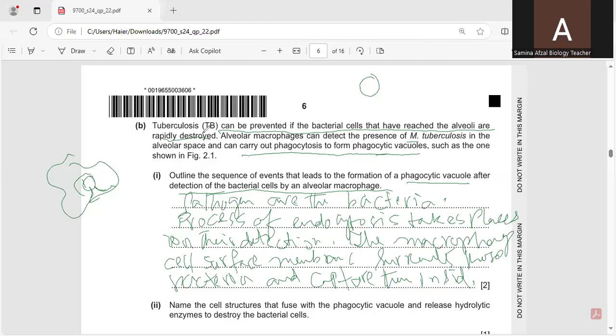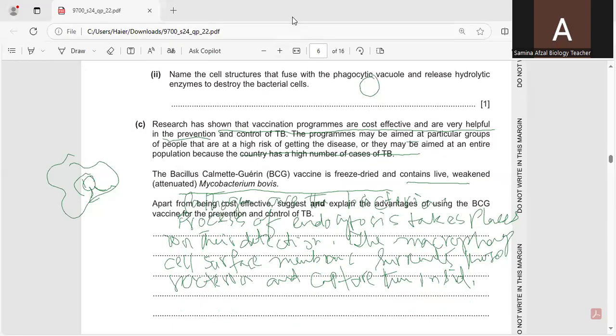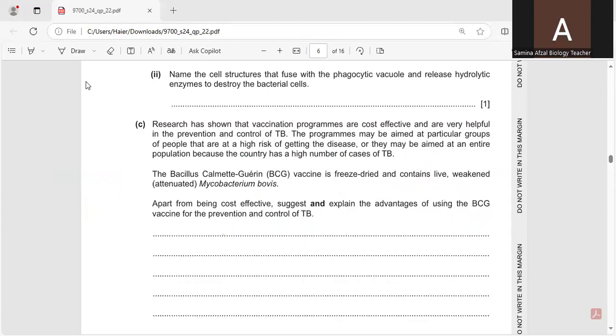Now we are moving towards the next question. Name the cell structure that fuses with the phagocytic vacuole and releases hydrolytic enzymes to destroy the bacterial cell. When the bacteria are captured by the cell surface membrane, lysosomes secrete the digestive or hydrolytic enzymes.